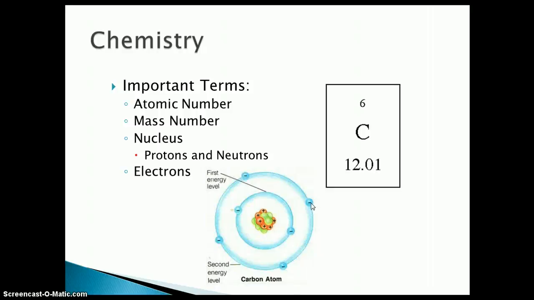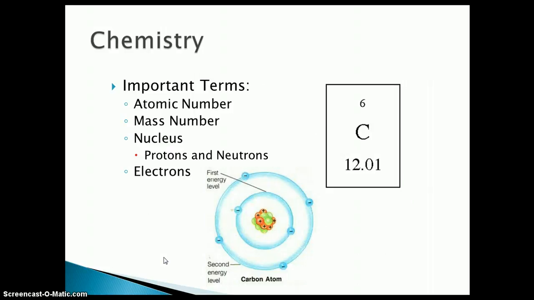There's 8 electrons in those outer shells, and that's significant. There's 8 to be happy. So carbon only has 6, so we have 1, 2, 3, 4, 5, 6. In order to be happy, carbon would need 8 electrons in this second energy level in order to be completely stable.